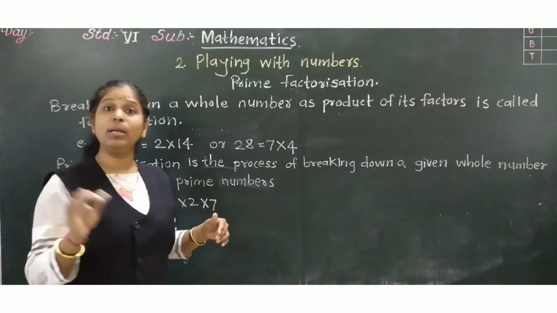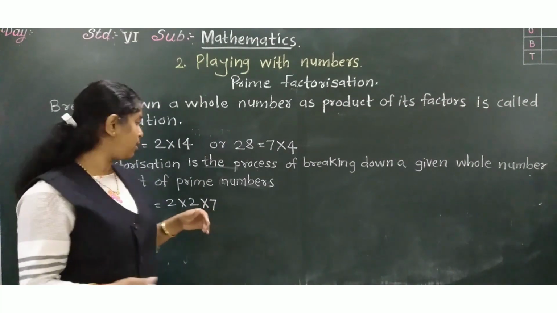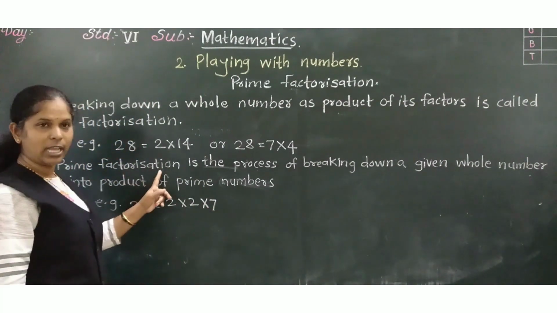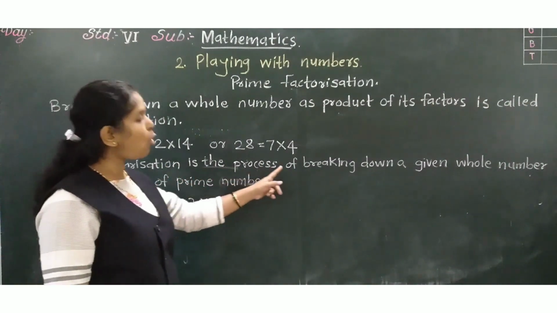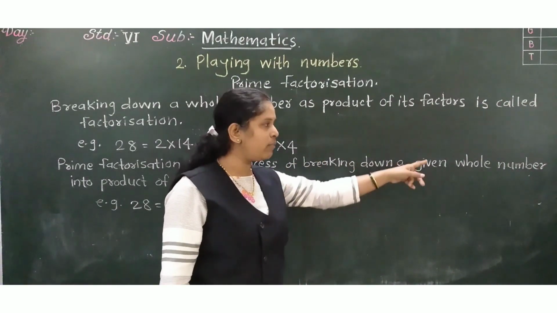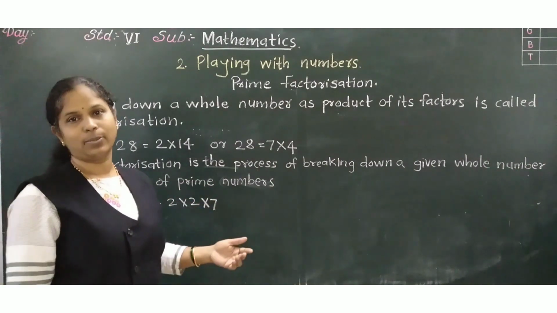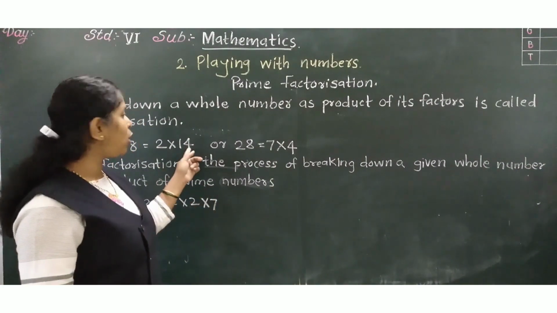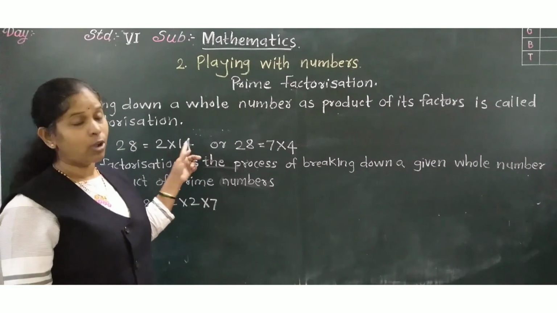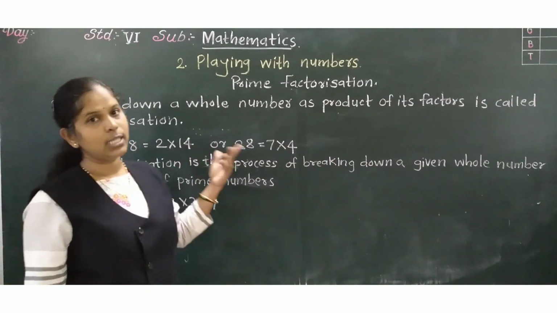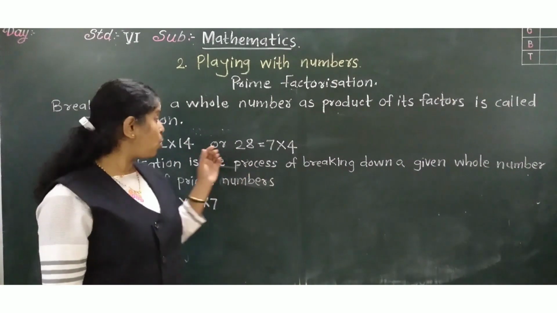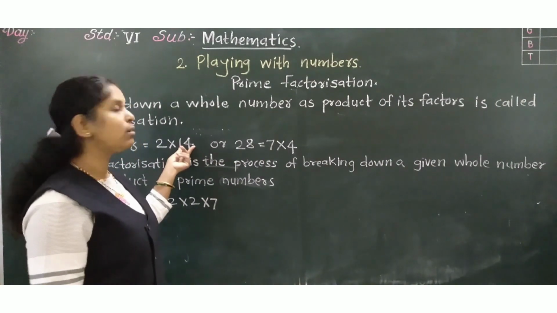Correct? And what is meant by prime factorization then? Prime factorization is the process of breaking down a given whole number into product of prime numbers. Here see, 14 is not a prime number. 14 is a composite number. So again 14 we can split.